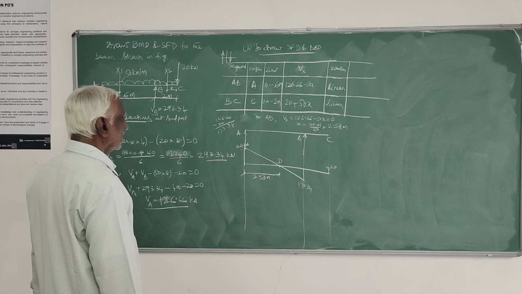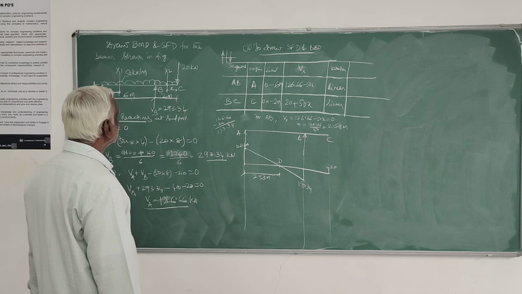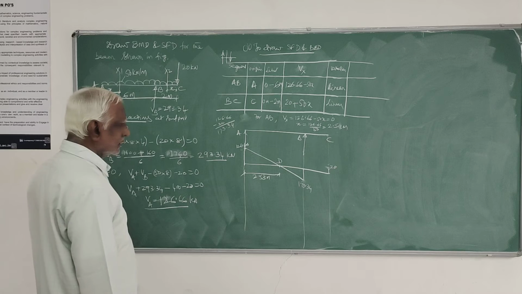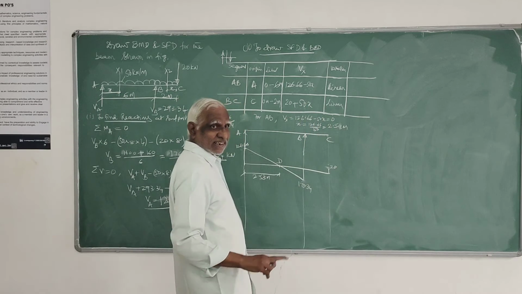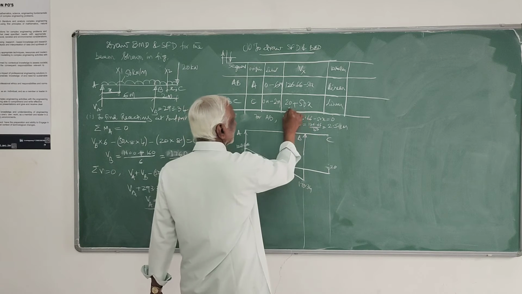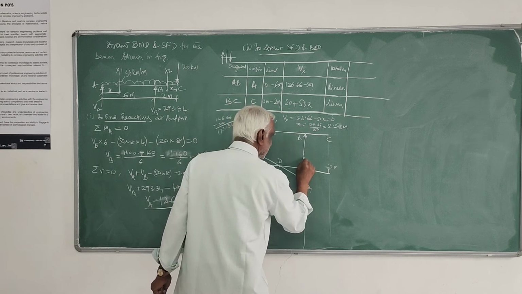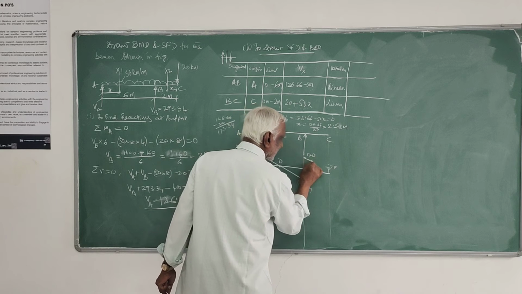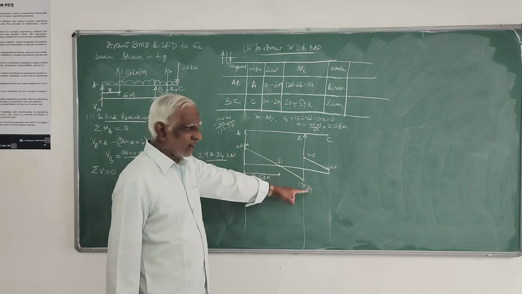173. Okay, it's all right. You see, that is plus. That you have to be careful. When x equals 2, it is 120. It is here. Variation is linear, it is there, not here.